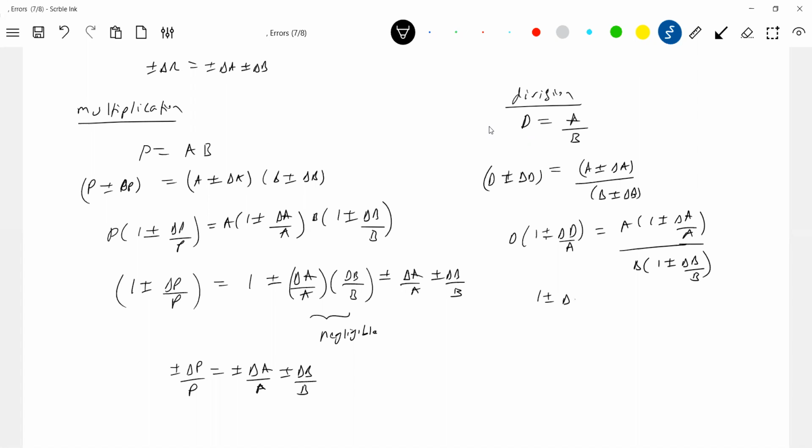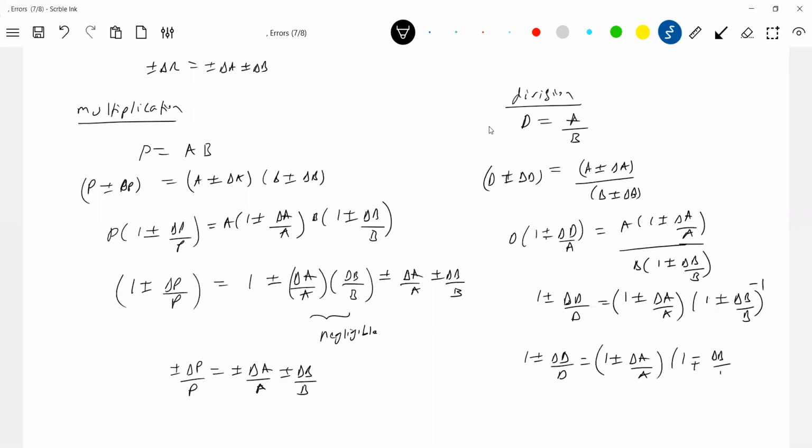So 1 plus or minus delta D by D is equal to 1 plus or minus delta A by A, 1 plus or minus delta B by B to the power minus 1. As delta B is small, applying binomial expansion, it will become 1 minus or plus delta B by B. I think minus or plus or minus will be the same.